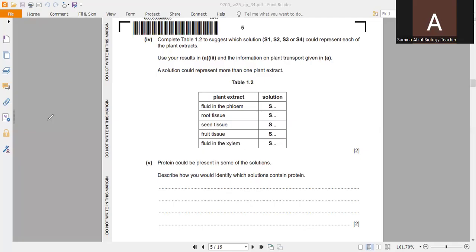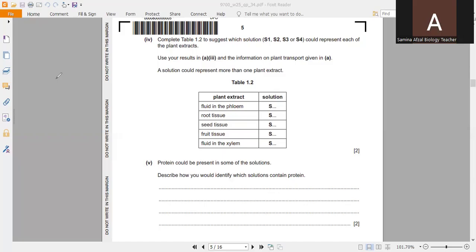You know the sucrose or non-reducing sugar is present in the phloem, and xylem contains water. You can write down which solutions out of the 4 contain all these different substances, so you can write your answer there at the time of examination.